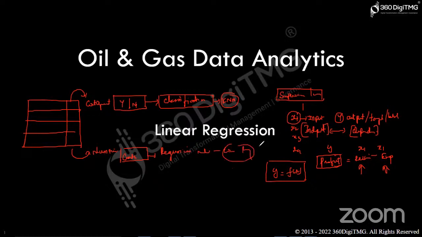In case of linear regression, we have simple linear, multiple linear, and logistic. There are different methods based on the data we are looking at. In case of simple linear, we will be having only one input data and output data.